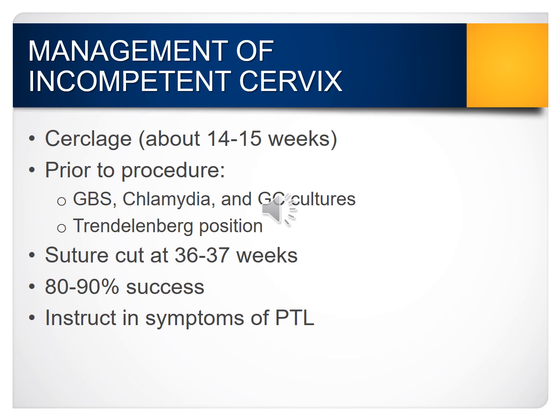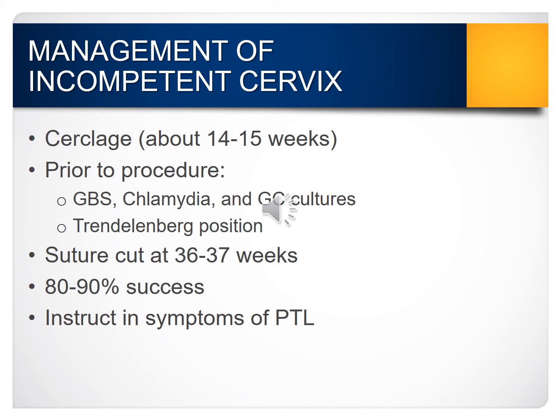Here I've listed that prior to the procedure, you want to do any type of cultures, you want to do screening for any types of infections, and then you want to have the woman in Trendelenburg position, which is her head down and her legs elevated. This is an extreme version of almost like standing on your head, because you want to get the pressure of the uterus off of the cervix.